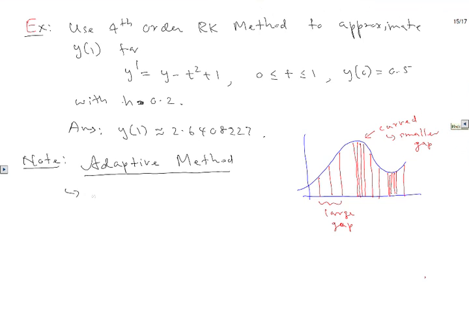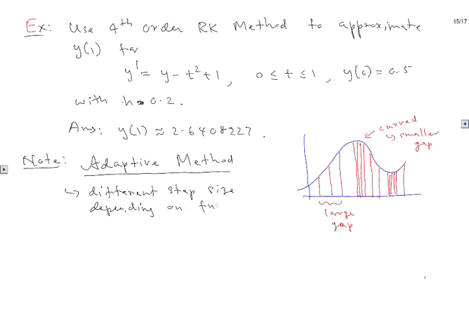So we're going to use a different step size depending on the function behavior.